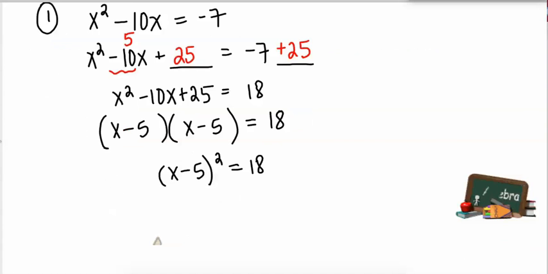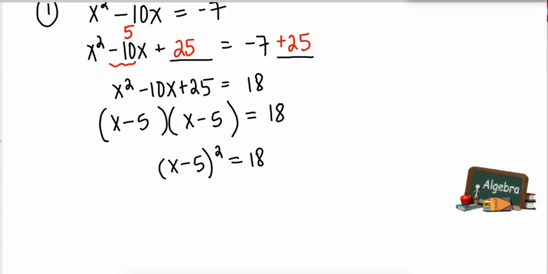Now this is perfectly set up for the square root method. So now that we have created a perfect square trinomial, that's called completing the square, we can square root both sides, giving us x minus 5 equals plus or minus the square root of 18.